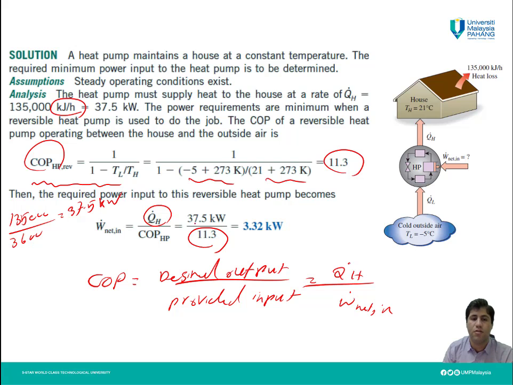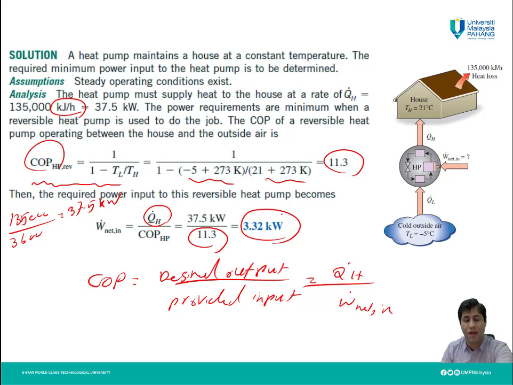If we simply put in these values for Q dot H and COP, we can calculate the required power input for this heat pump, which is 3.32 kilowatt.